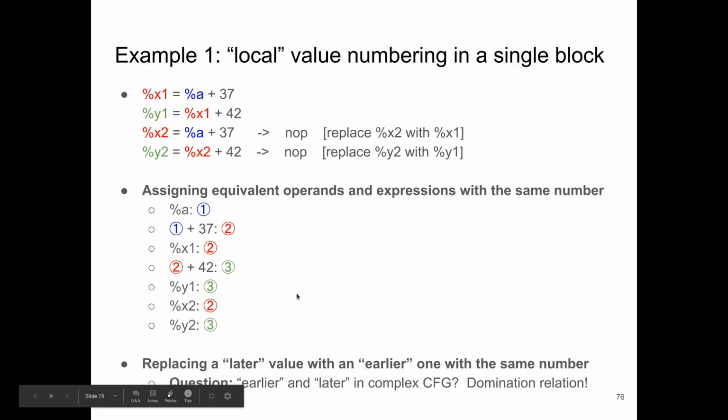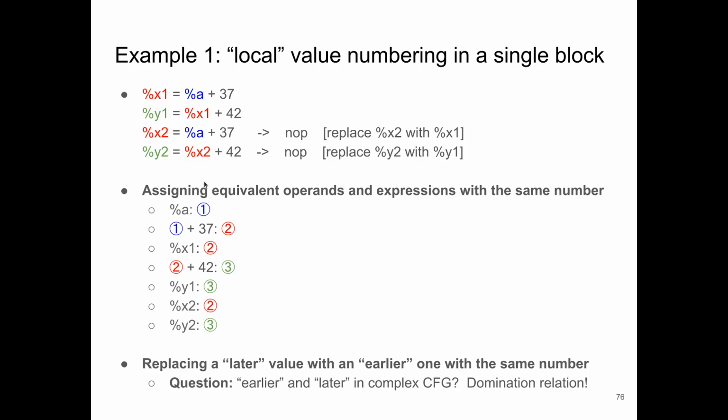The basic idea here is that we're going to replace a later value with an earlier one with the same number. As a result, x2 should be replaced with x1, and y2 should be replaced with y1 because they have the same number respectively.